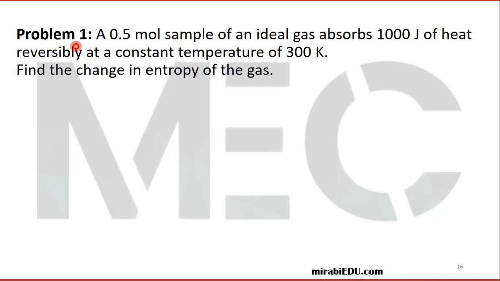Another example. A half mole sample of an ideal gas absorbs 1000 joule of heat reversibly at a constant temperature of 300 Kelvin. Find the change in entropy of the gas. Because it is happening at constant temperature, again the formula can be written as Q over T. The heat is absorbed by the system, so Q is positive, and the temperature is given in absolute scale, so it is 10 over 3, or roughly 3.3 joule per Kelvin.